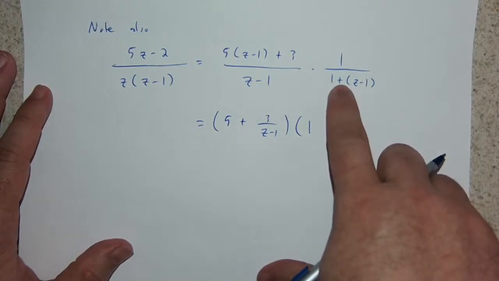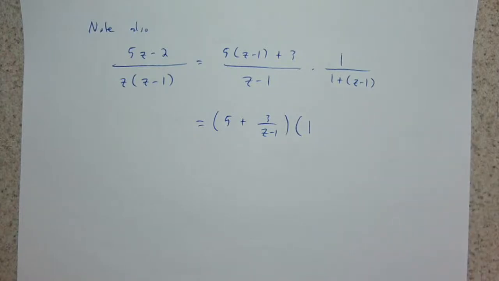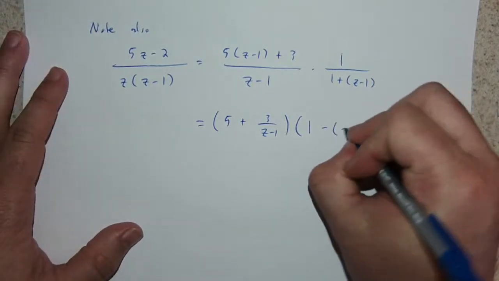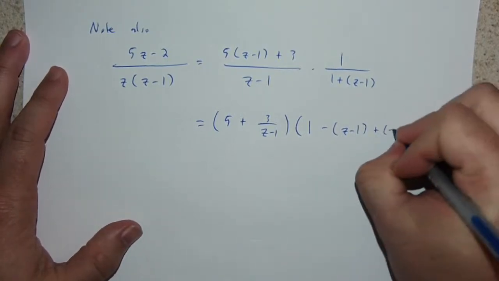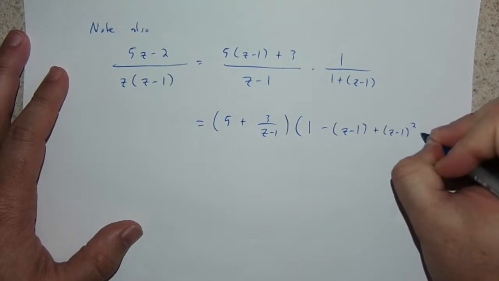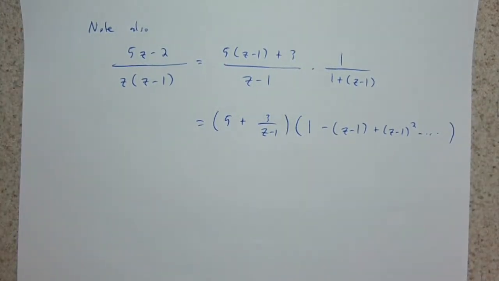Because this is not 1 over 1 minus, if I wanted to make that a minus, this would be 1 minus z minus 1 plus z minus 1 squared minus some stuff. There we go. That would do it.